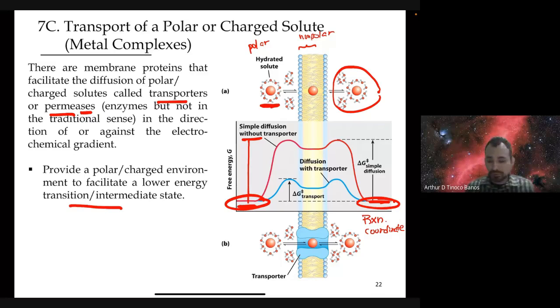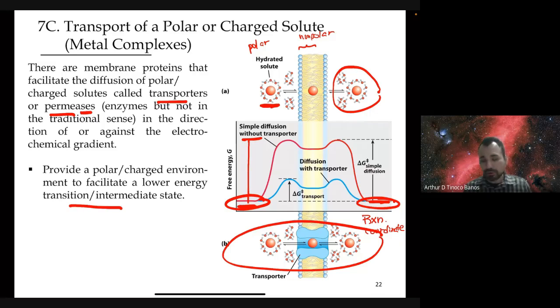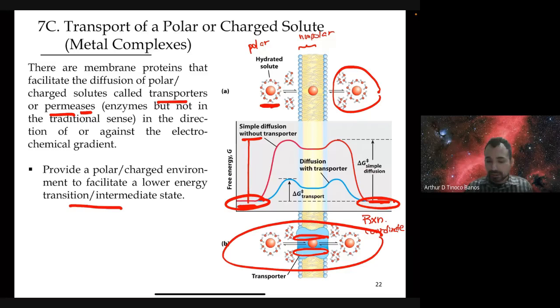Then you have potential transporters that can help minimize the amount of energy penalty. A transporter, because of the residues within it, may facilitate a charged or polar environment that is favorable for the movement of that solute. As a consequence, you bring down the relative energy of your transition state, or even your intermediate.